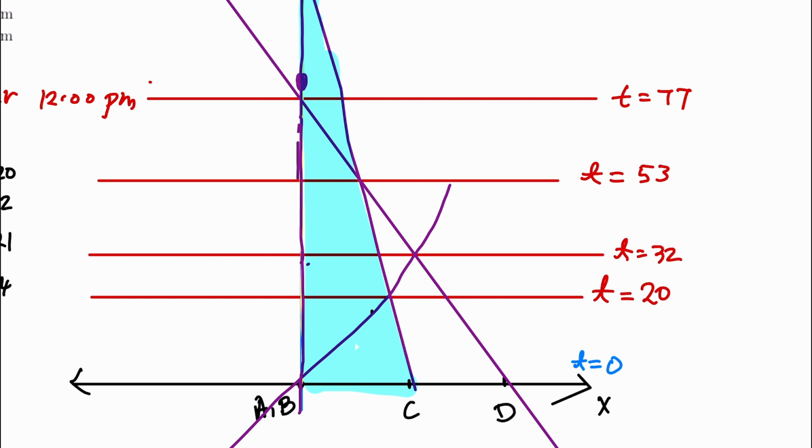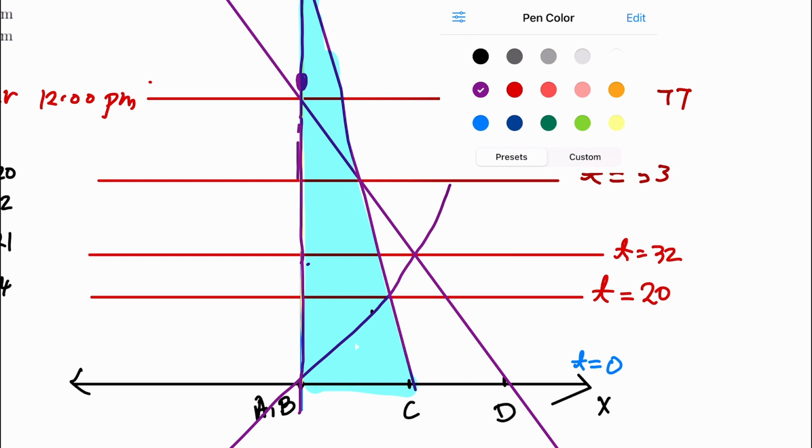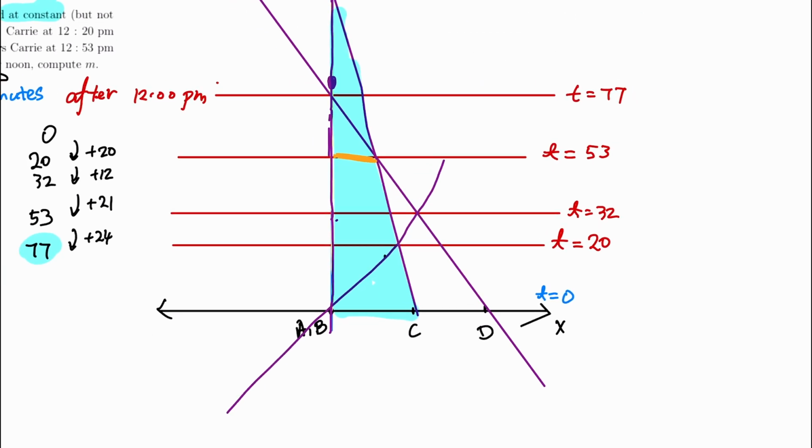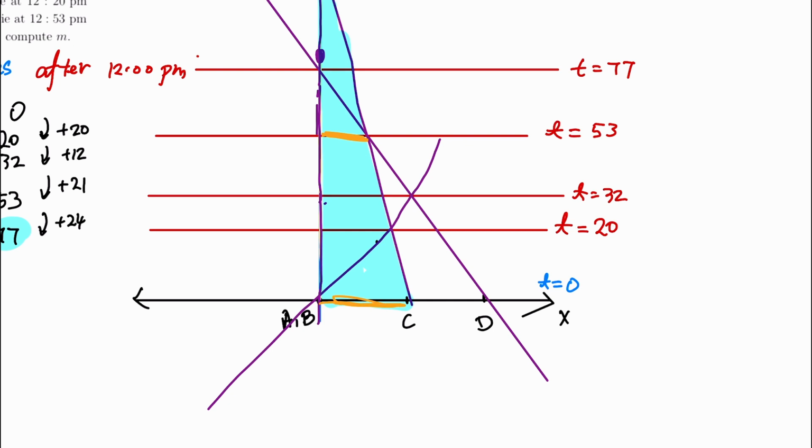We can try to find the length of this, and the length of this. We need to use more similar triangles. We see that this over here is also a similar triangle. This and the triangle inside, because there are a lot of parallels, are also similar triangles.